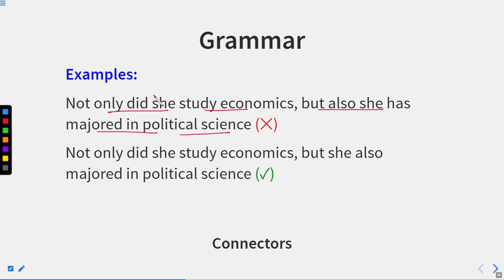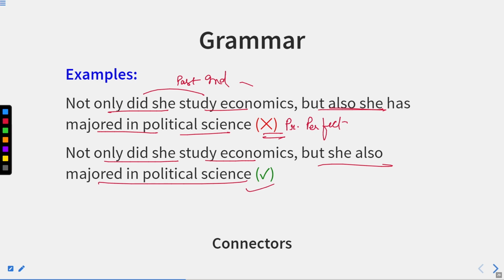Now here you can see that this is past indefinite tense, and here, but also she has majored in political science, this is present perfect tense. Now this sentence will be incorrect, of course. Now what will be the correct one? Not only did she study economics, but she also majored in political science. So this sentence is absolutely correct because here we have used both clauses in the past indefinite tense only.